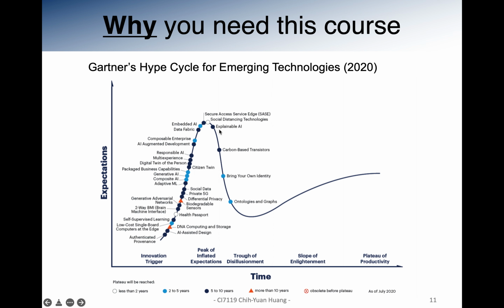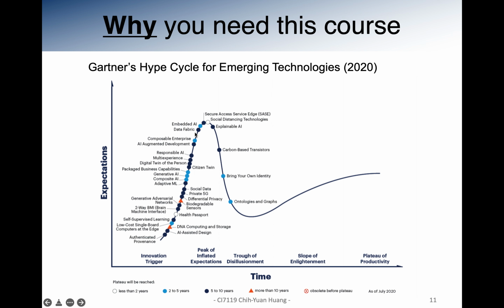The other thing is, for example, explainable AI, the XAI. XAI is also one of the hot topics that was mentioned in the 2020 Gartner hype cycle. Explainable AI could be used to discover some new knowledge from deep learning technology. And embedded AI, which I believe is quite related to the IoT field, or the AIoT field as well.